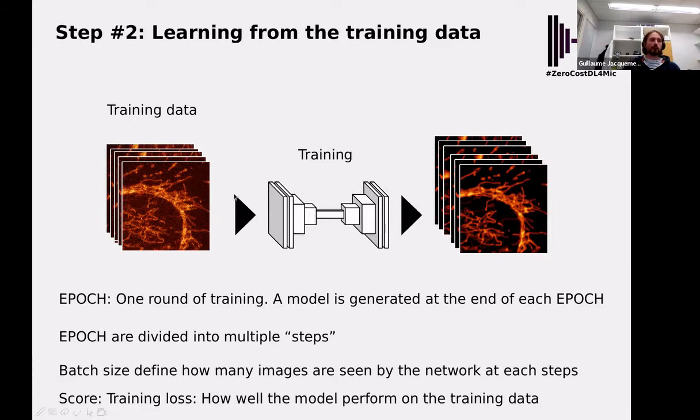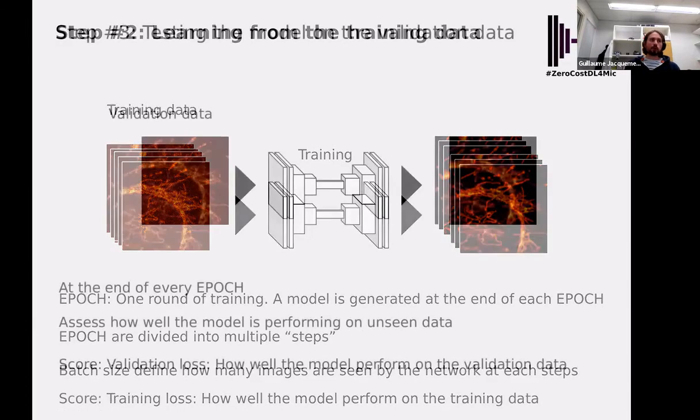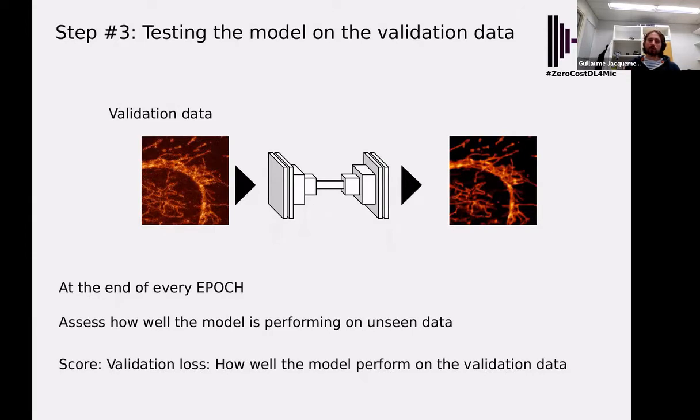But at the end of each epoch, an epoch again being one round of training, the model will score how well it's performing. And then you will get something that's called the training loss. But also at the end of each epoch, the model will look at your validation data. It did not look at your validation data before, and it does not learn at all from it.